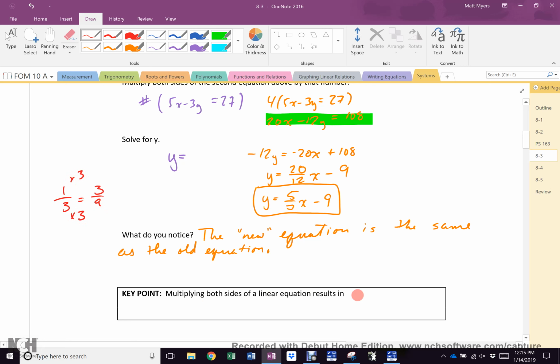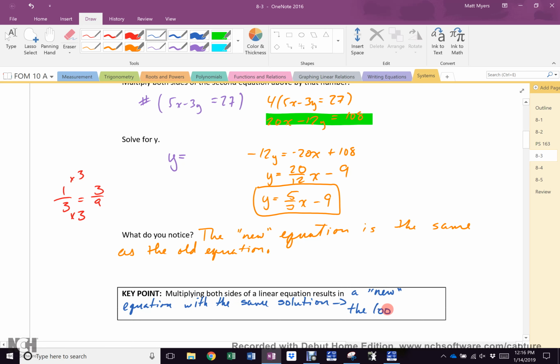So what does that tell us, though? Multiplying both sides of a linear equation results in a new, and put the new in quotation marks, a new equation with the same solution. So what's the only thing that changed?